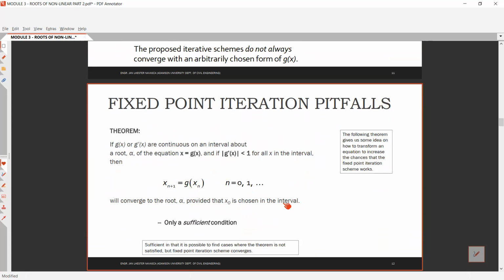So g prime of x must be less than 1 for all x in the interval, then you will get the roots of that equation. That's the theorem, class.